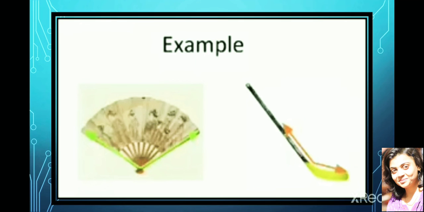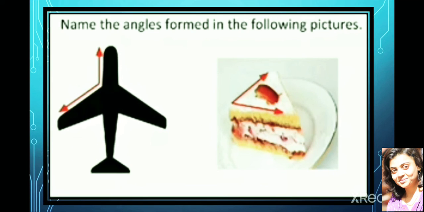Now let me ask you some questions. Are you ready for it? Can you see the picture? By seeing the picture and by observing the arrows, you have to tell me which angle it should be. Okay. Ready? Now in the first picture, what do you see?